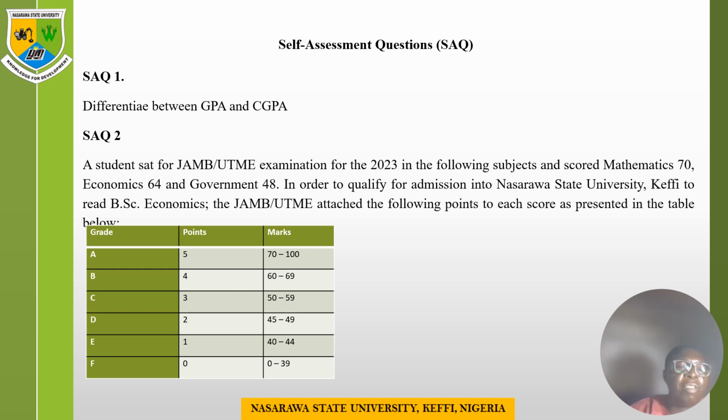In this table we have grades A, B, C, D, E in the column, then the points 5, 4, 3, 2, 1, 0. The marks are 70 to 100, 60 to 69, 50 to 59, 45 to 49, 40 to 44, and 0 to 39.